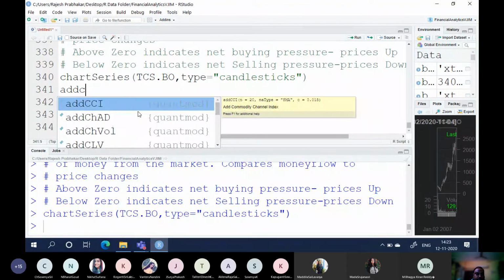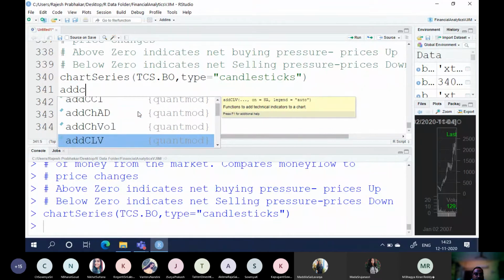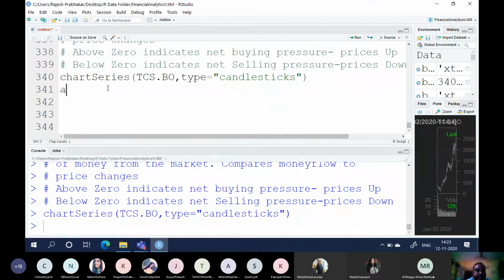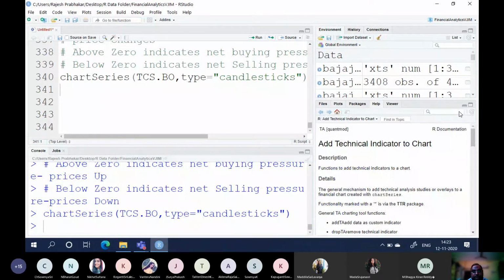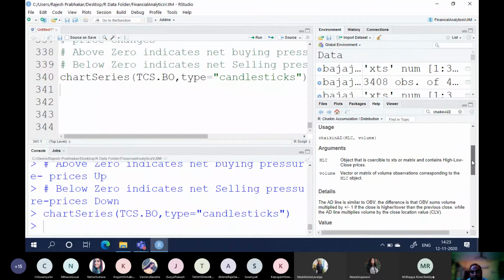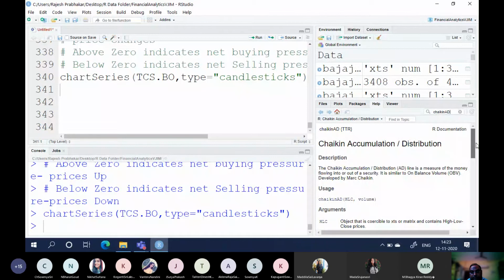Add this, I think. Chaikin AD. What is add CMO then?